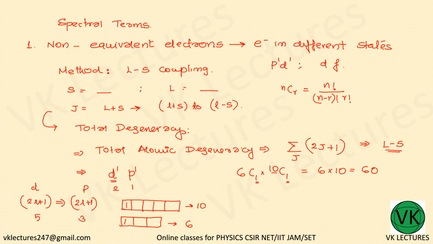So that gives you 60. Again, the total degeneracy is given by the sum over J of 2J plus 1, and this will be equal to the product of the two nCr values, where n is the number of electrons possible in the given state and r is the number of electrons present in the state. Pi represents the product.